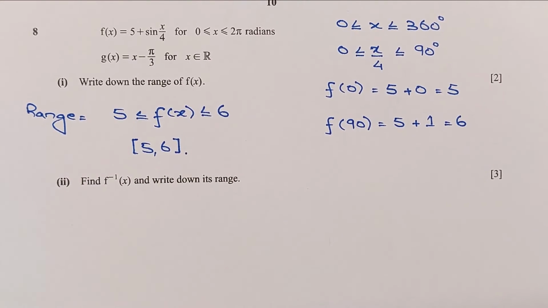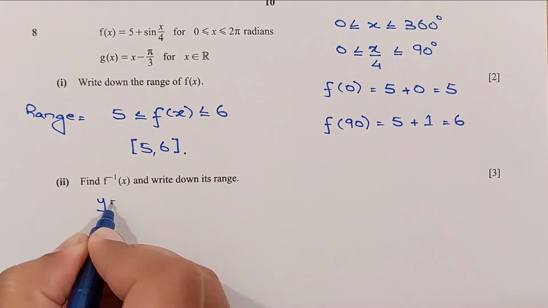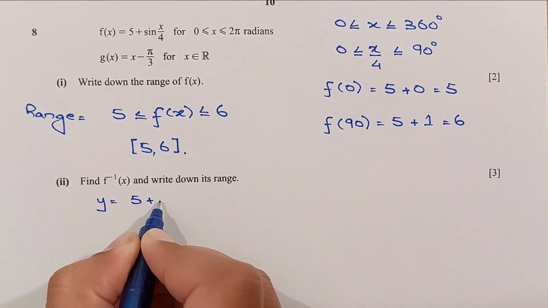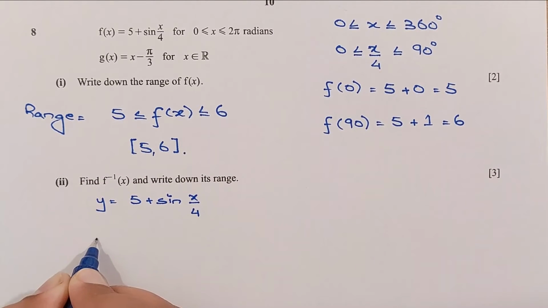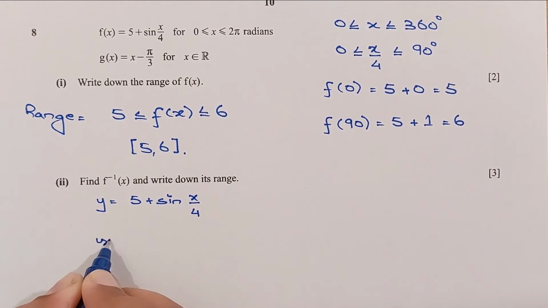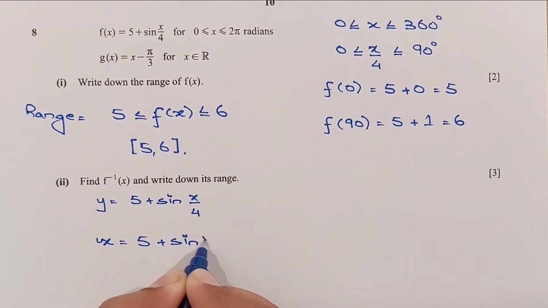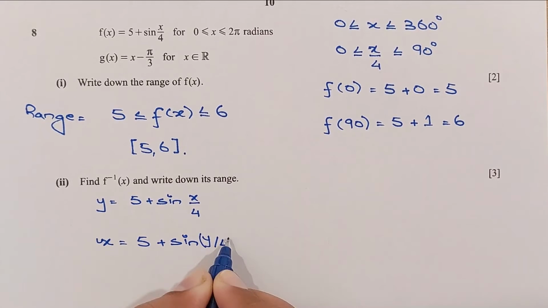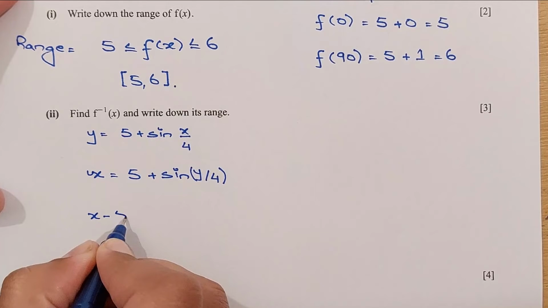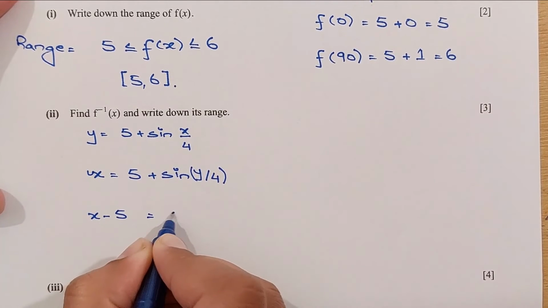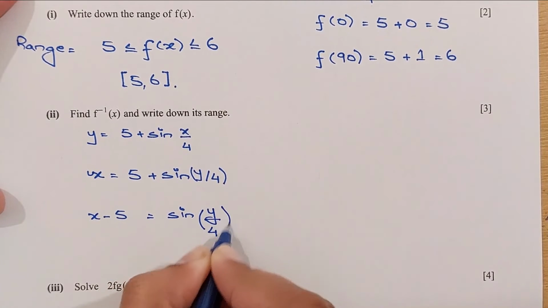Now for the second part, find f inverse and write down its range, right? So we have y equals f of x, that is 5 plus sine x by 4. And now switching the variables, x equals 5 plus sine y by 4, right? Now we have to solve for y. So we can say x minus 5 equals sine y by 4, right?